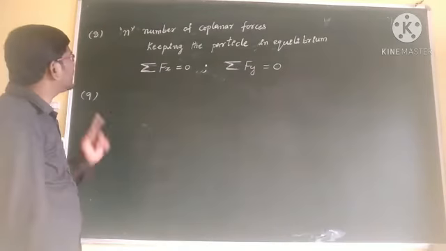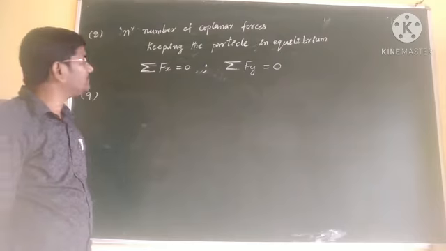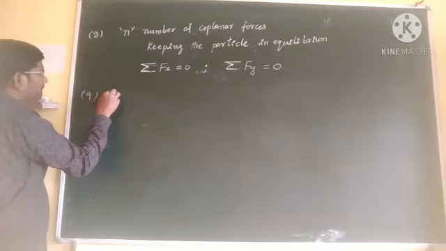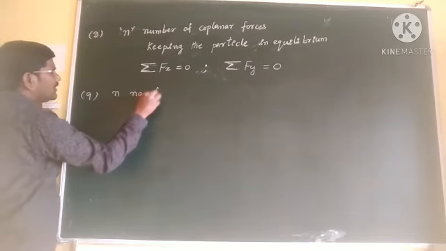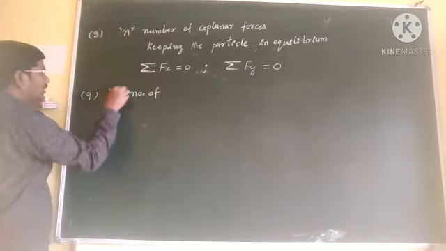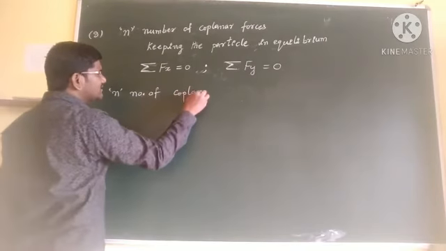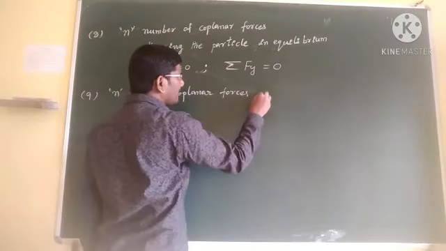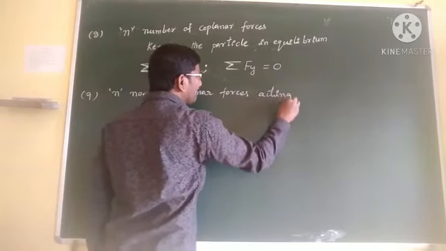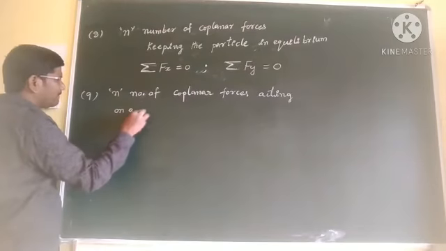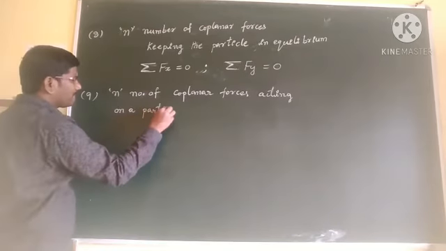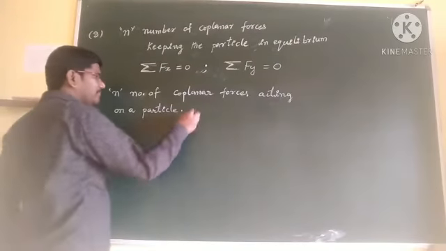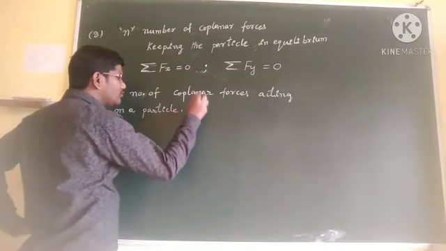When n number of coplanar forces are acting on a particle, and the particle is not in equilibrium, F net is not equal to 0.